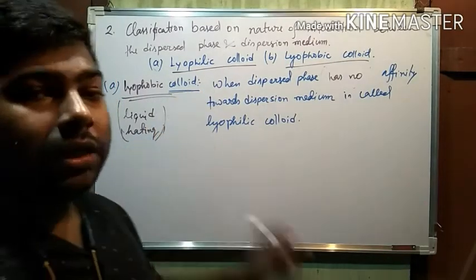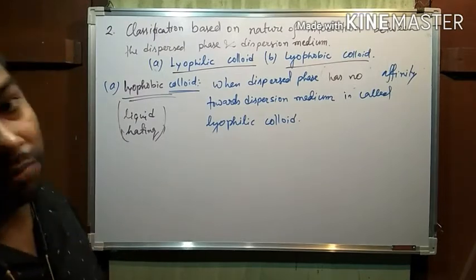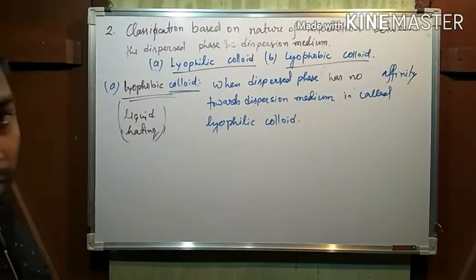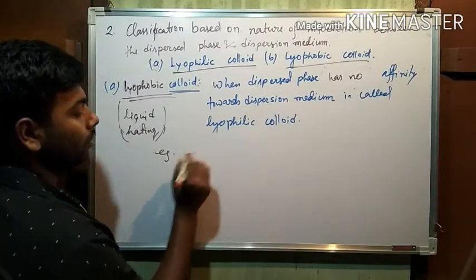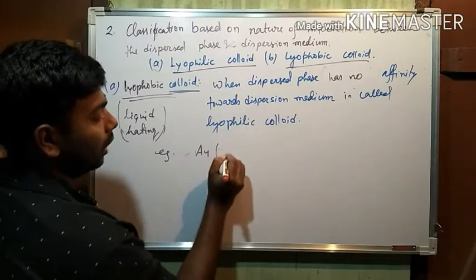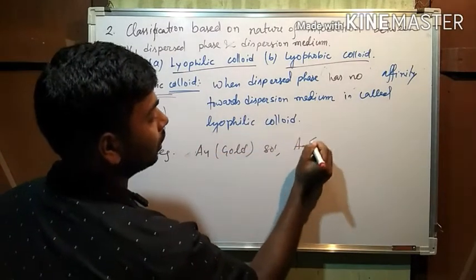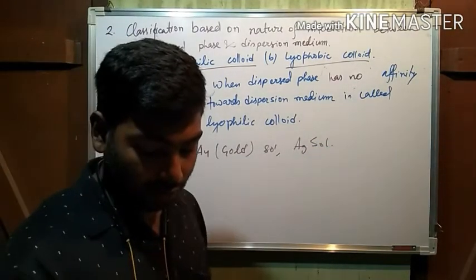That means when the dispersed phase has no affinity towards the dispersion medium, it is known as a lyophobic colloid. What is an example? For example, gold sol, silver sol.